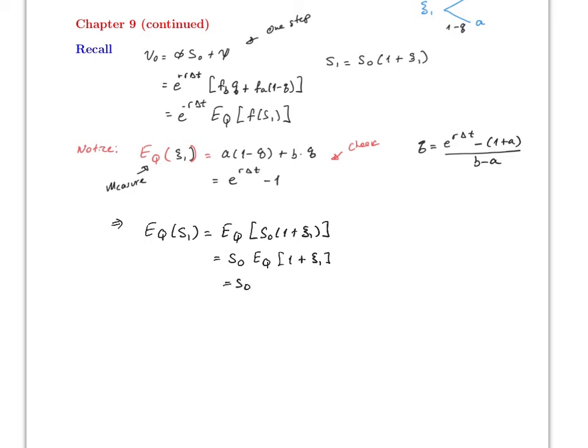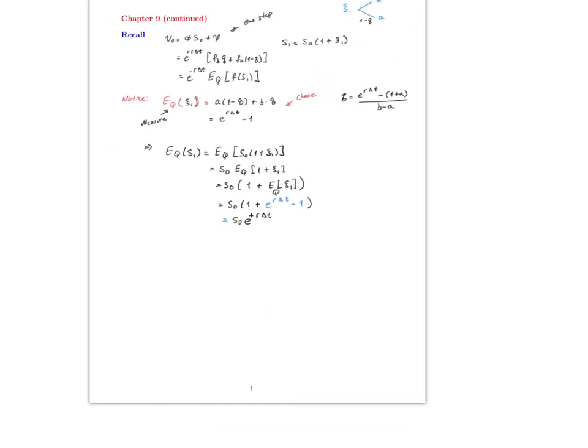So it will be S0 times 1, because the expected value of 1 is just 1, plus the expected value of C1, which we did right here. So it will be S0 times 1 plus e to the r delta t minus 1, and notice that this is equal to just S0 e to the r delta t. I mean, it should be plus, so e to the plus r delta t.